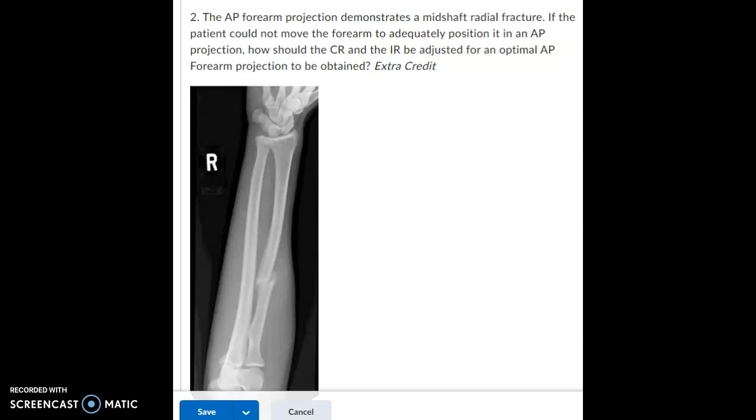And how you're going to do that is you're going to align the central ray perpendicular to the epicondyles, okay? And then you're going to prop that IR up, make sure that those epicondyles are parallel with the IR, and that central ray is perpendicular to the IR. And that will get you the AP projection we're looking for.